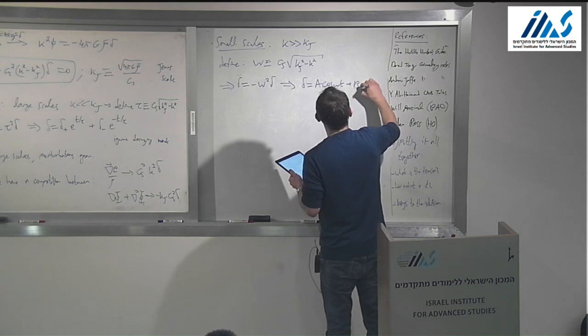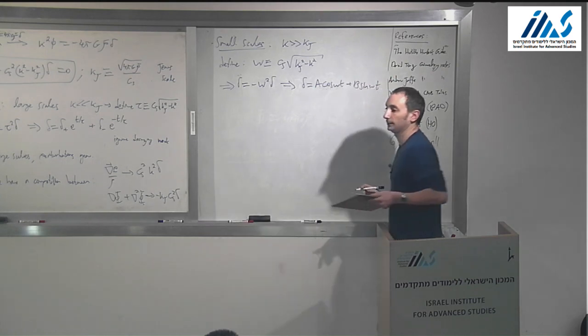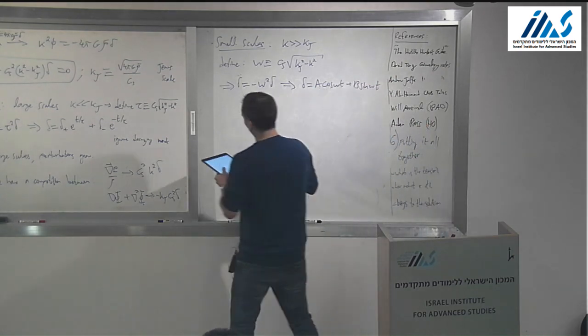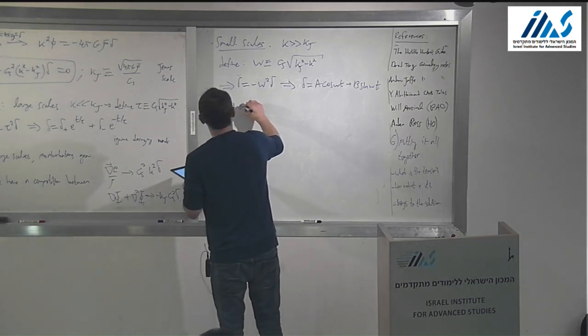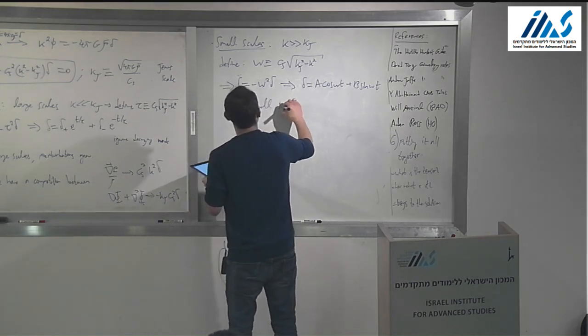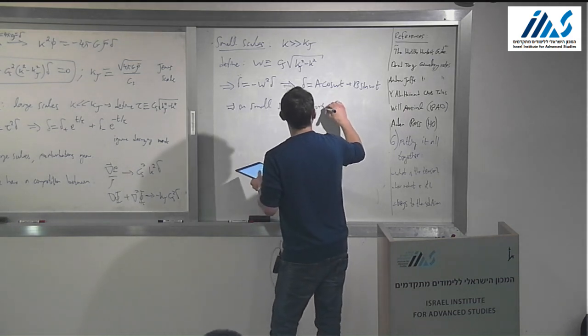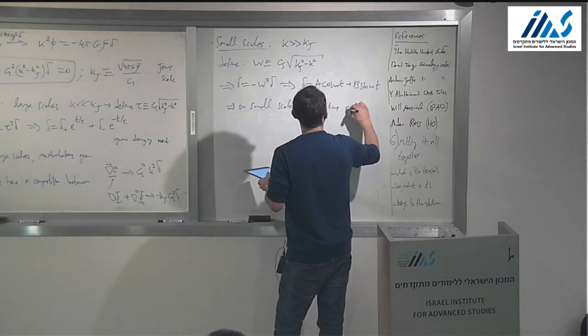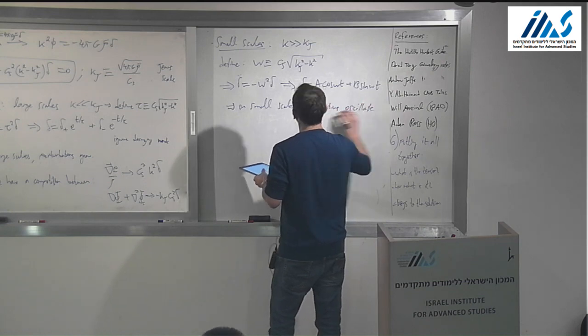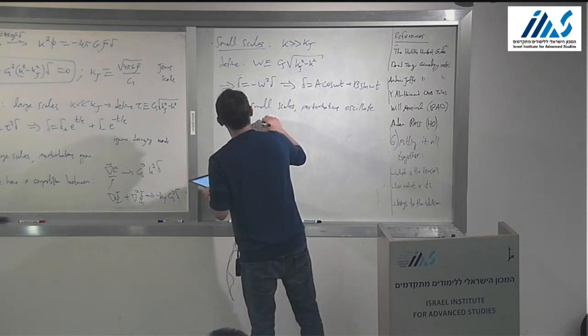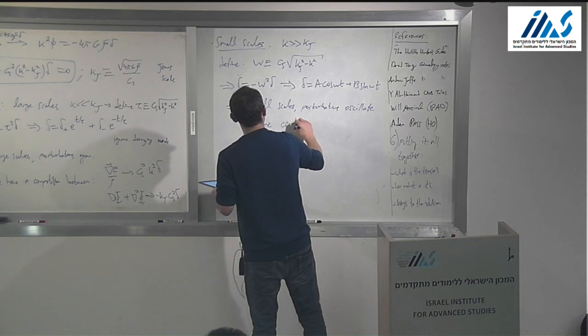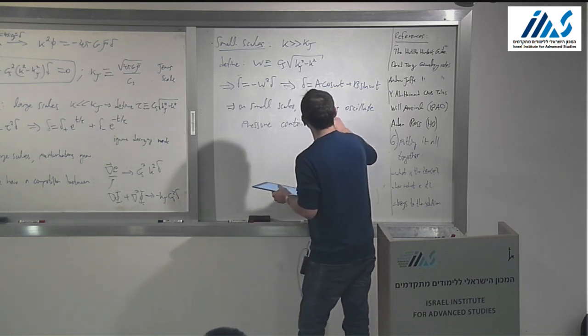It's a cosine plus a sine. This is the wave equation. So on small scales, perturbations oscillate, or pressure is able to contain gravity.